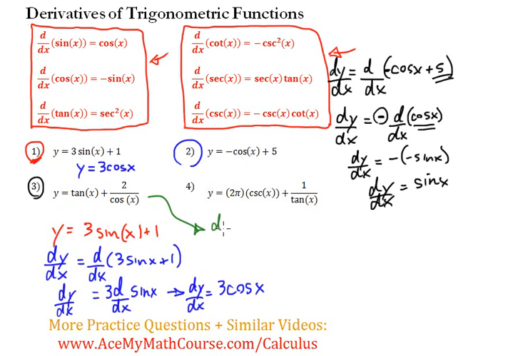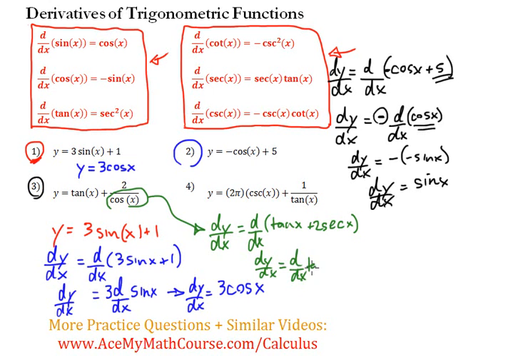Great, so I got dy dx is equal to d dx of tan x plus 2 over cos x. Now, remember that 1 over cos is just what? It's secant, right? So I can rewrite this as 2 secant of x. And so dy dx is going to be, I can just rewrite this whole thing as d dx of tan x plus 2 d dx of secant of x.